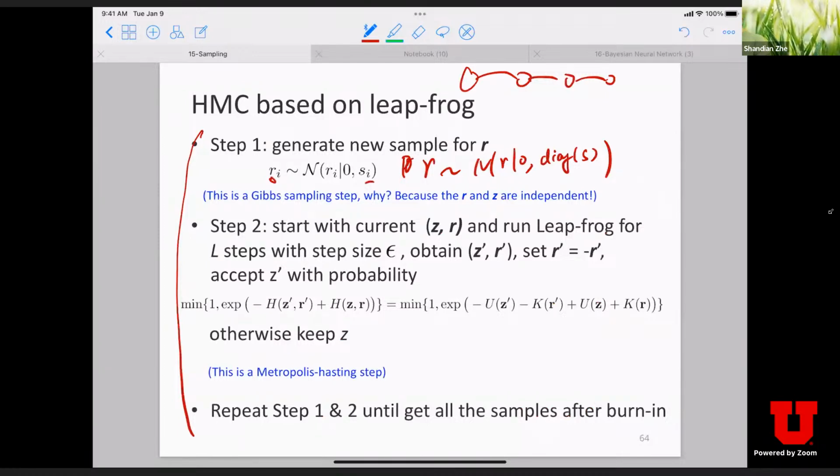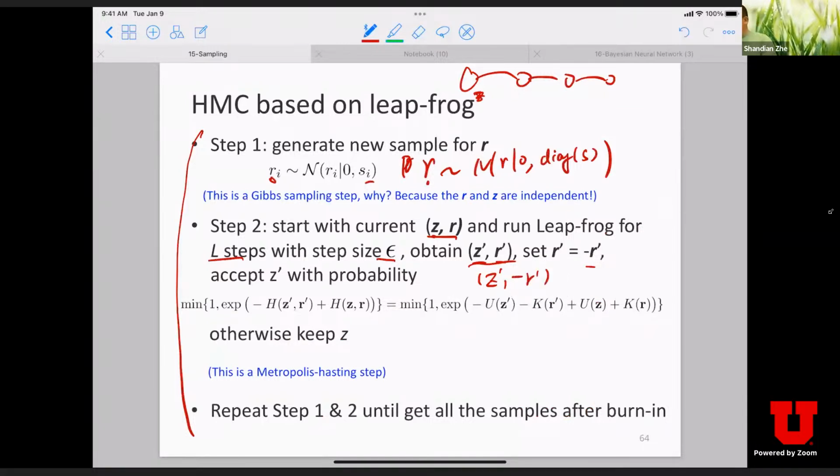And next, I'm going to pair my sample R with the current sample of Z together to initialize my Hamiltonian system. Then I run my leapfrog for L steps with step size epsilon to get Z prime, R prime, right? And then I negate my momentum, to get minus R prime. This forms my new state, my sample proposal, which is Z prime, minus R prime.